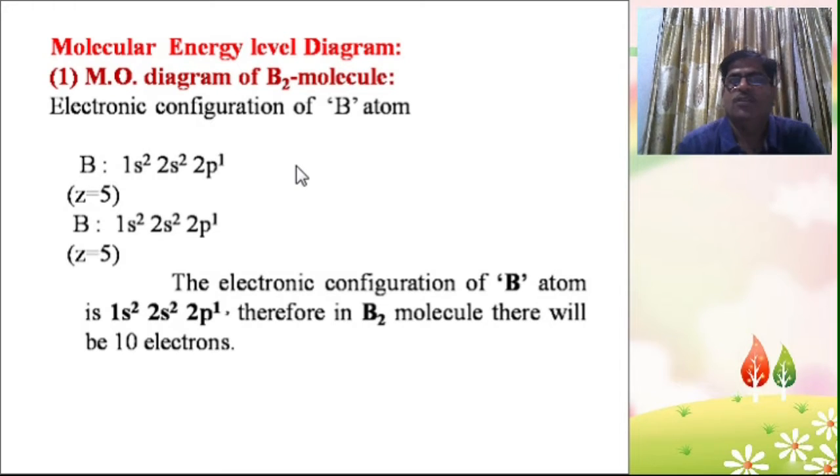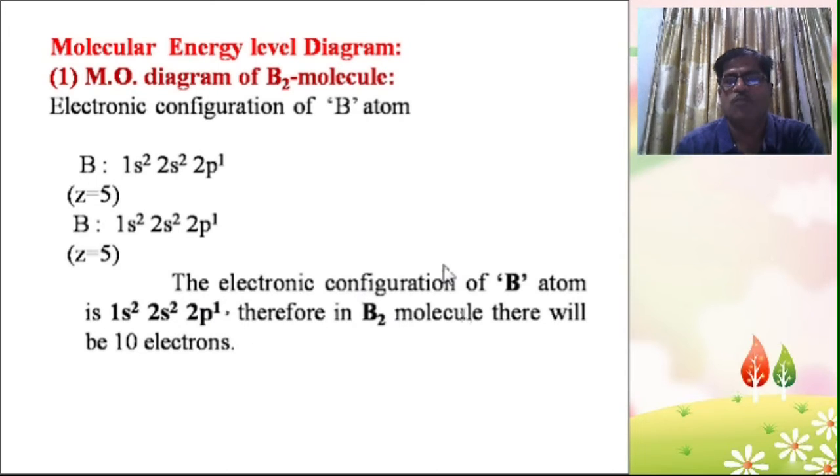Its atomic number Z is 5, so 1s2, 2s2, 2p1. The total number of electrons in a single boron atom is 5.